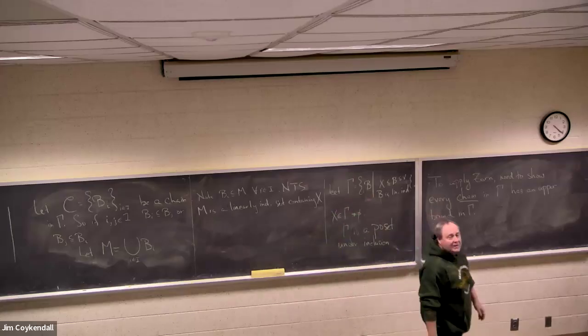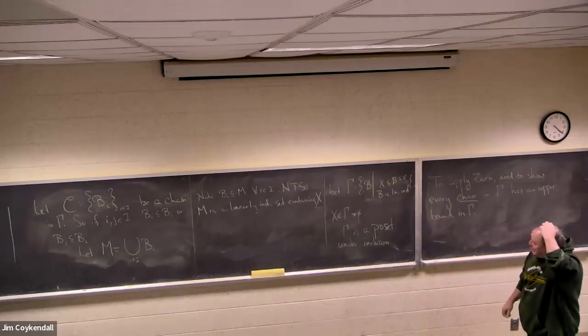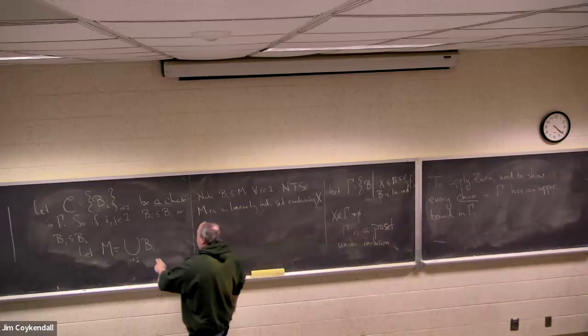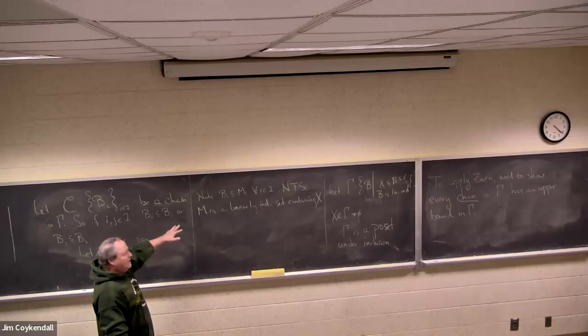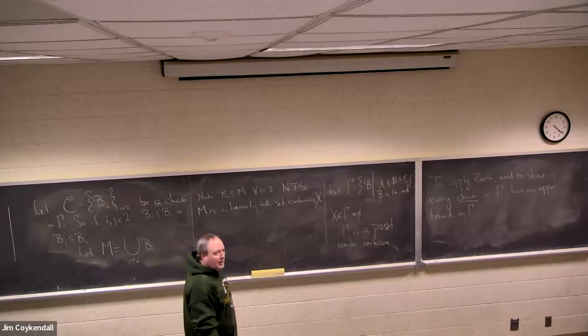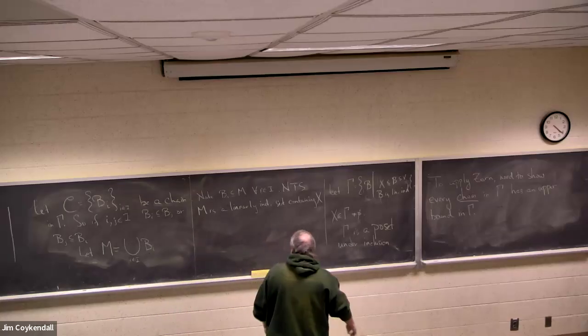It's a linearly independent set that contains X. Now, the fact that it contains X is no sweat because every one of these B_i contains X. So M totally contains X. Overkill though. The tricky part is linear independence.